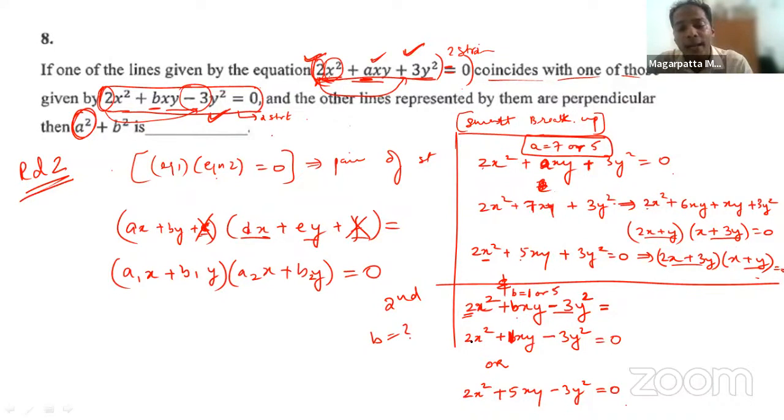Let me see if I'm able to get any values here. What would be the factorization here? I'll split this as 3xy minus xy, 3xy minus 2xy. So 2x square plus 3xy, I'll only be able to get x common, and minus 2xy minus 3y square, I'll only be able to get y common outside.